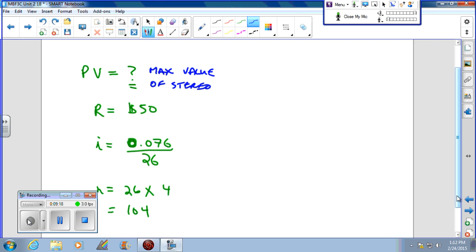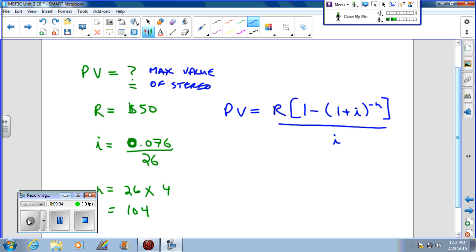All right, so the formula we're going to use is PV equals R, the regular payment, times 1 minus (1 plus i) to the power negative n, watch that negative n there, over i. So it's $50. And again, that's just a test to see what the maximum is.